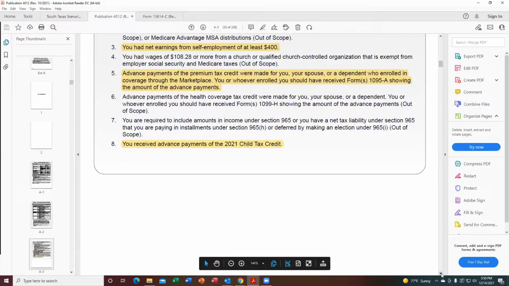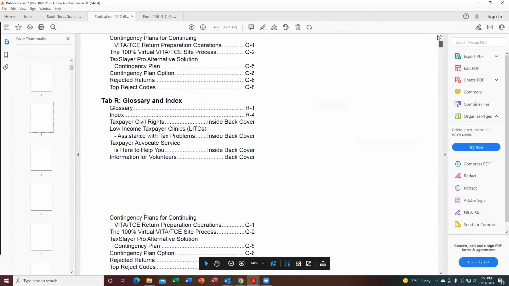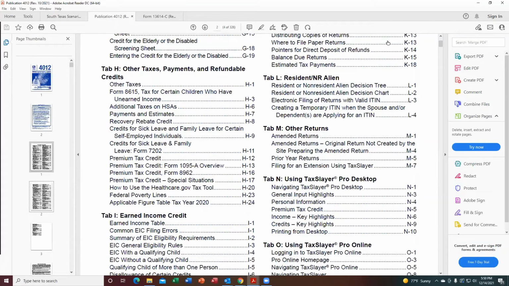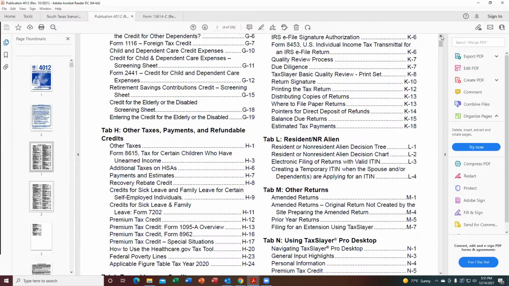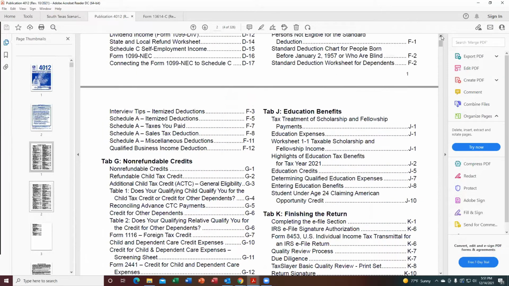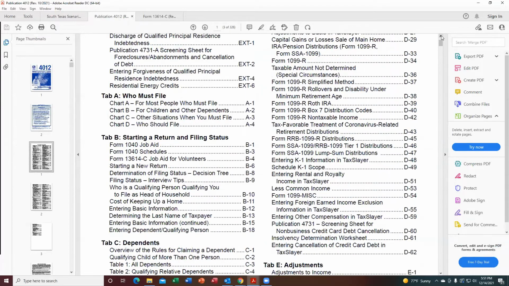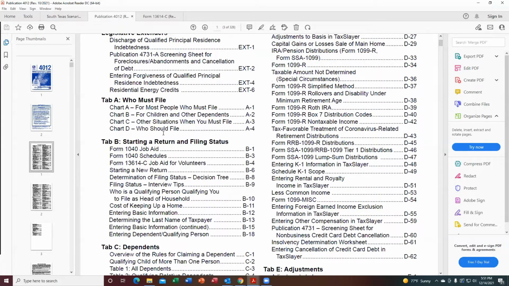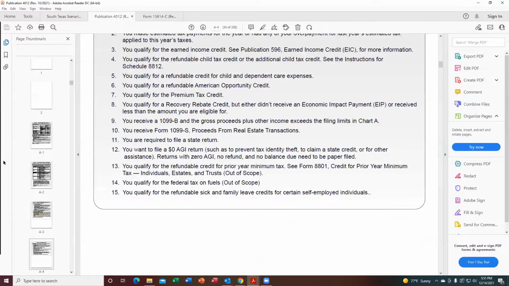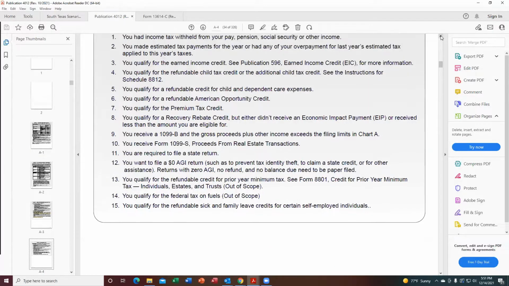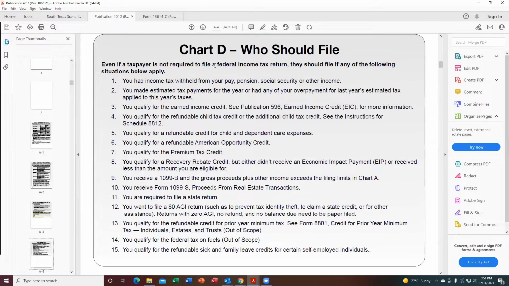Let me see what else I'm going to cover here. I'm going to go back to my table, and the other one, the last one, which is chart D, who should file.